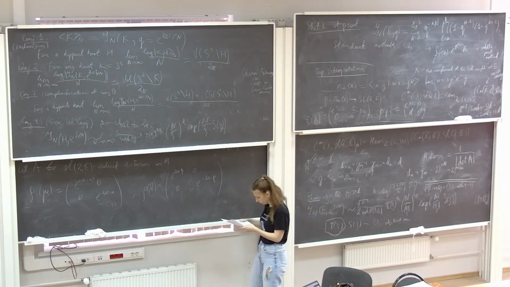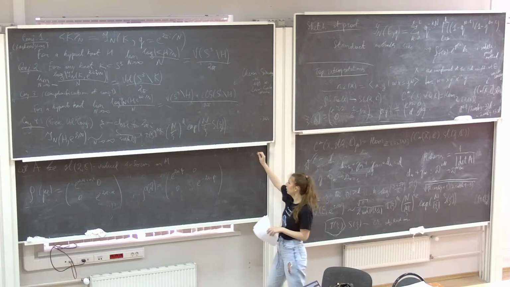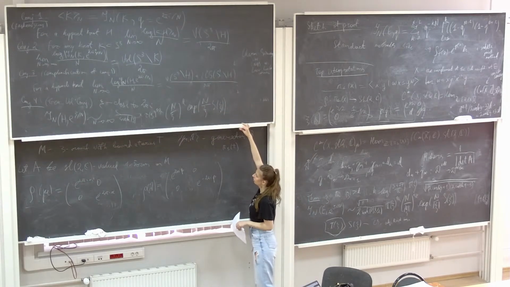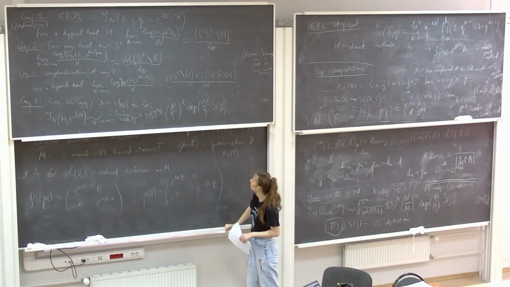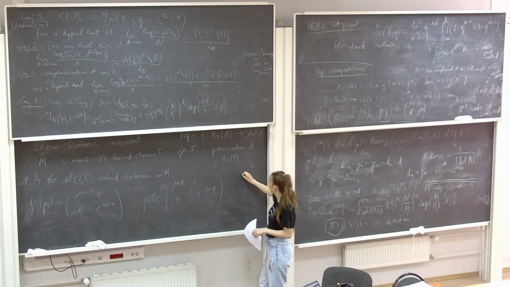So this gives us the relation between the representations and two numbers, alpha and beta.